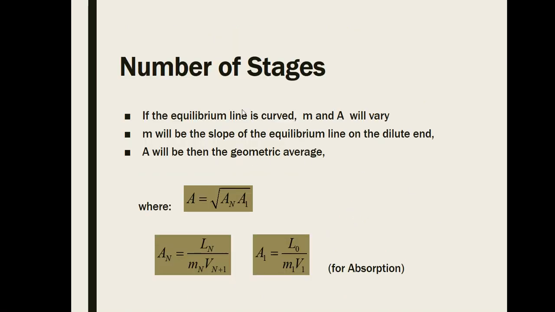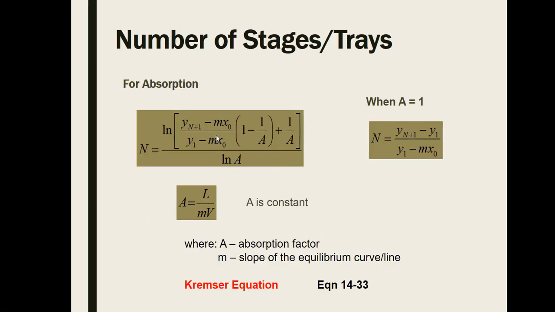Now, if the equilibrium line is curved, meaning it's not a line, then your M for your curve will vary. Correspondingly, your A will vary. So this is what I mentioned, that you need to get separately the gas absorption factor for each part of your column and get the geometric mean. In the formula, however, you still have an M of the equilibrium curve, which varies. So what particular M will you use in this case?